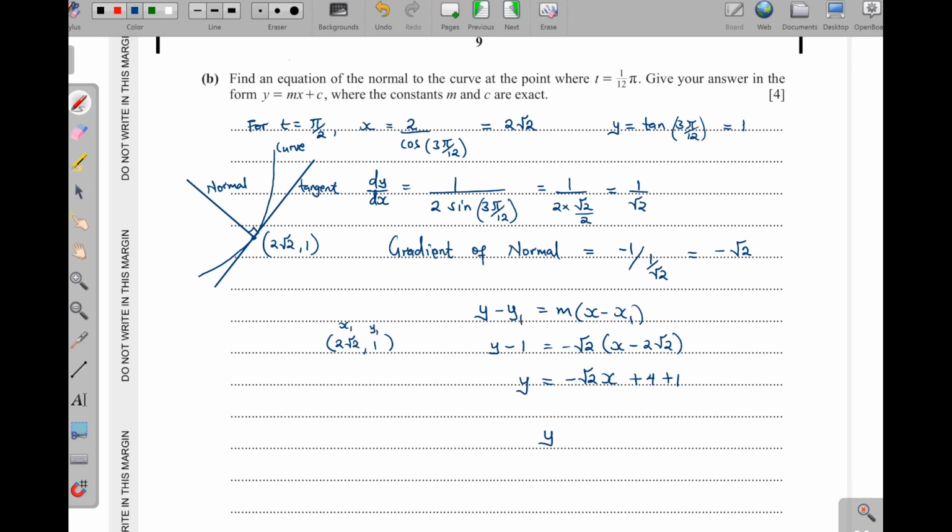So the equation of the normal is going to be y is equal to negative root 2 x, and then plus 5. They said that m and c have to be exact. So our m here is negative root 2, which is exact. Also 5 here is exact. So that is that. This has been it for this first part of the paper.